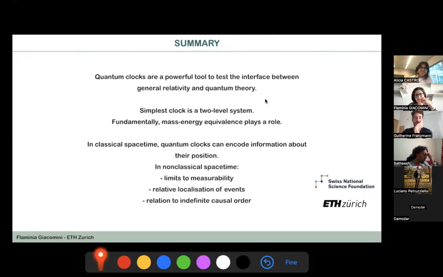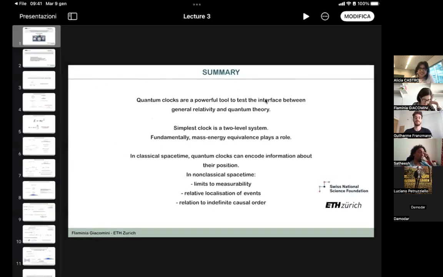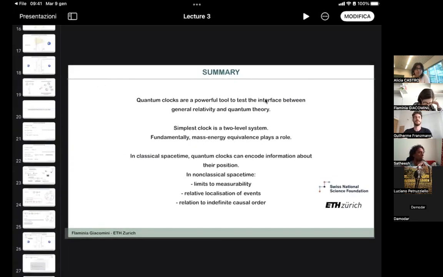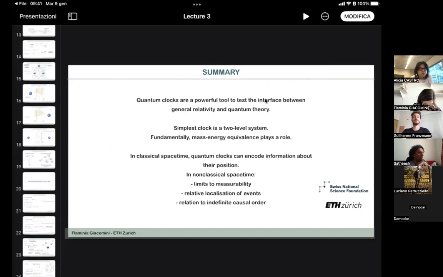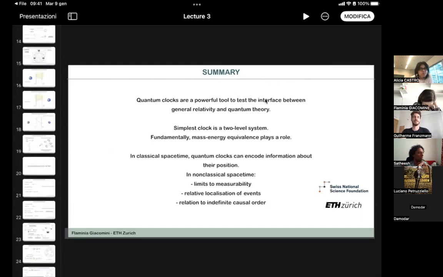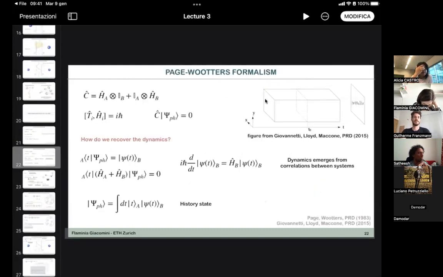So exactly, if you want, what you could see here is conservation of the total energy of the system.